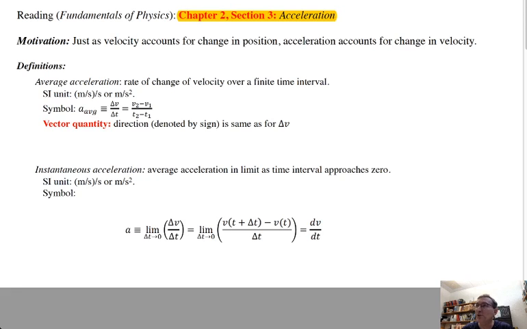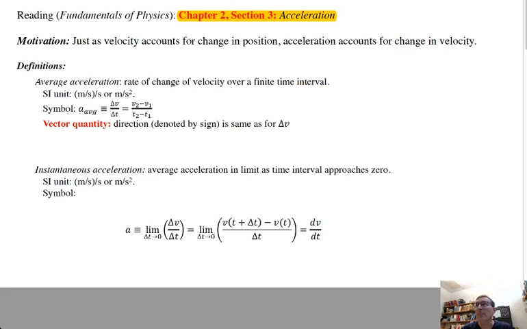Average velocity measures that rate of change over a finite time interval. And by definition, it is the displacement a particle undertakes, delta x, in a finite time interval, delta t, divided by delta t. And instantaneous velocity is merely the average velocity expression in the limit as the time interval delta t vanishes towards zero.